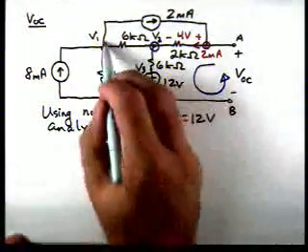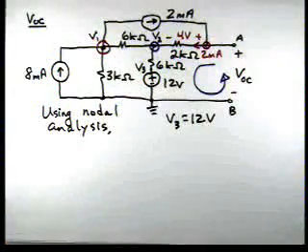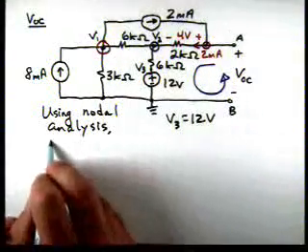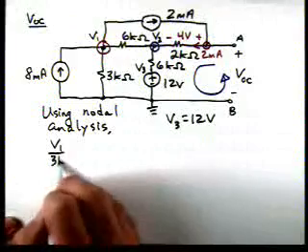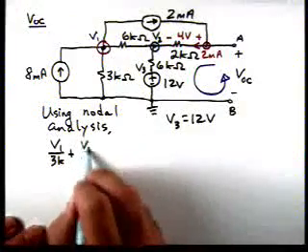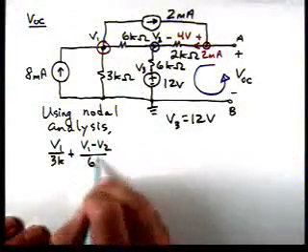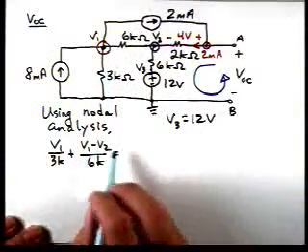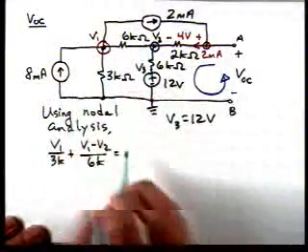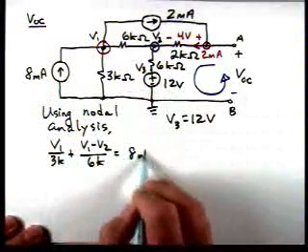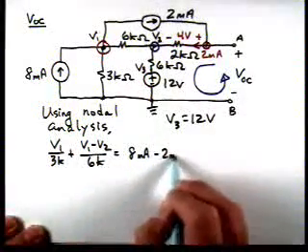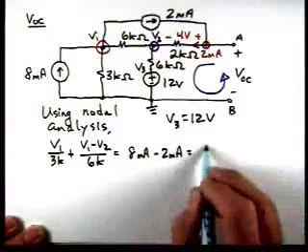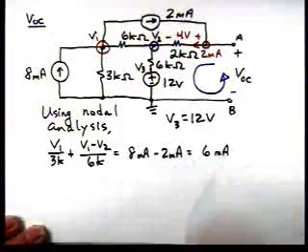So if we apply KCL to this node, for instance, we'll have V1 over 3K plus V1 minus V2 over 6K. Those 2 currents are leaving. We've got another current leaving, 1 entering. So on the right hand side we'd have 8 milliamps minus 2 milliamps, or 6 milliamps.